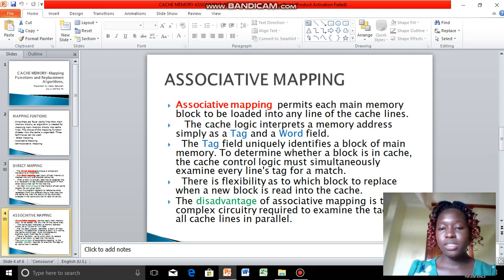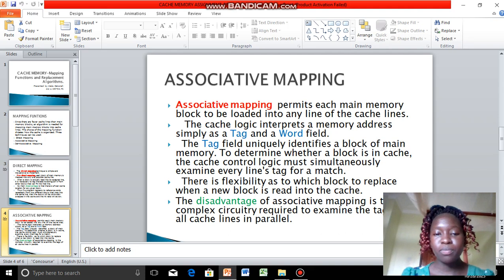Then for associative mapping, it permits each main memory block to be loaded into any of the cache lines. The cache logic interprets a memory address simply as a tag and a word field. The tag field uniquely identifies a block of main memory, and to determine whether a block is in cache, the cache control logic must simultaneously examine every line's tag for a match.